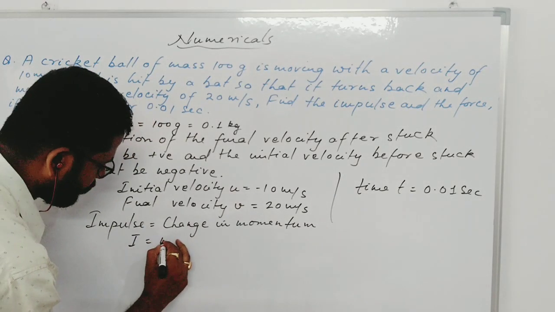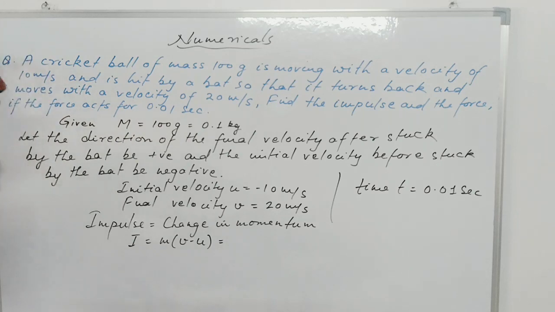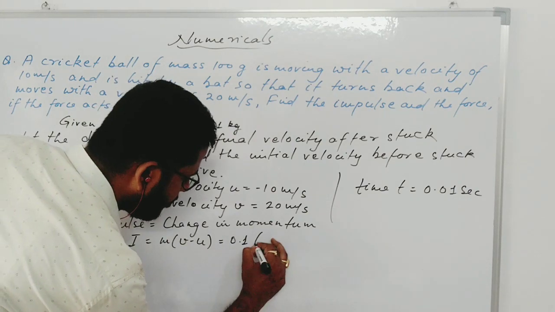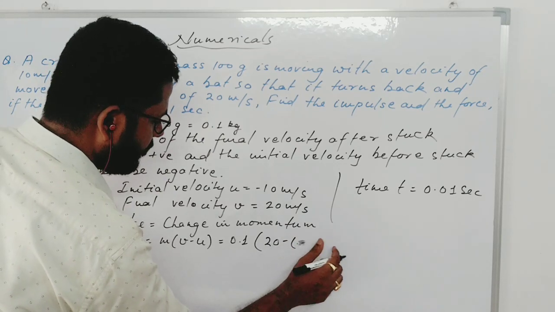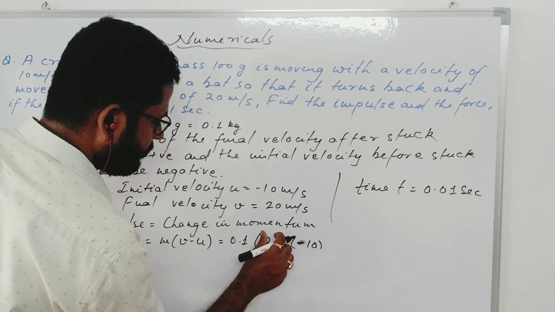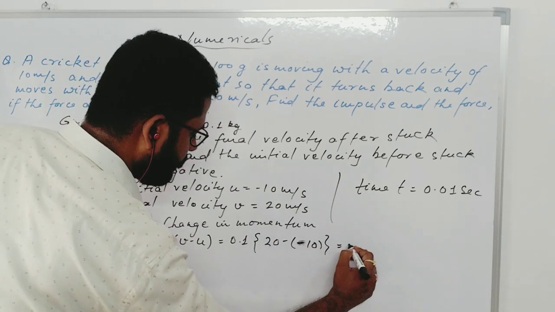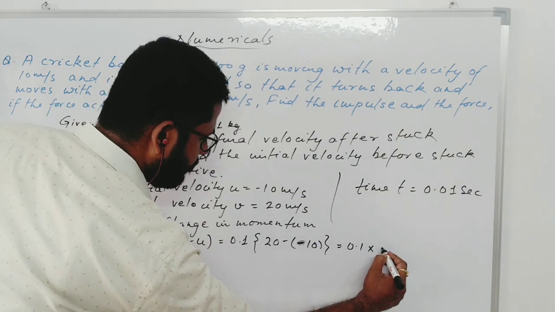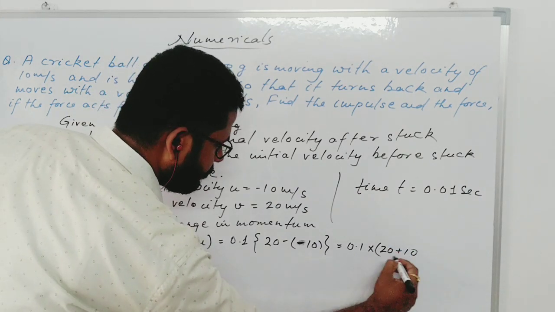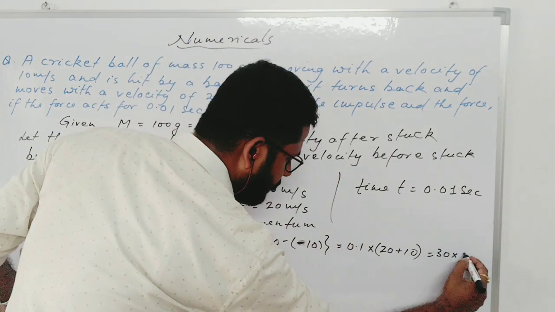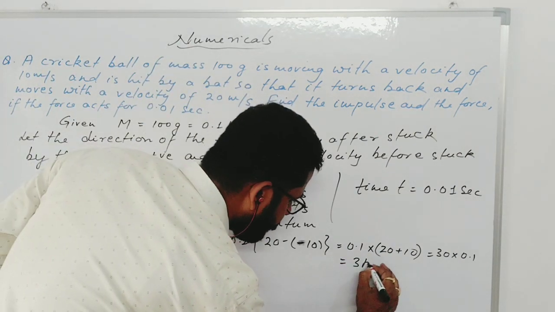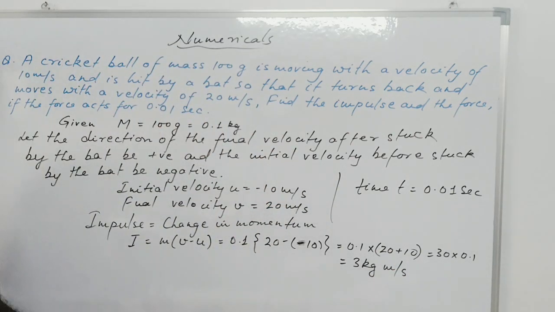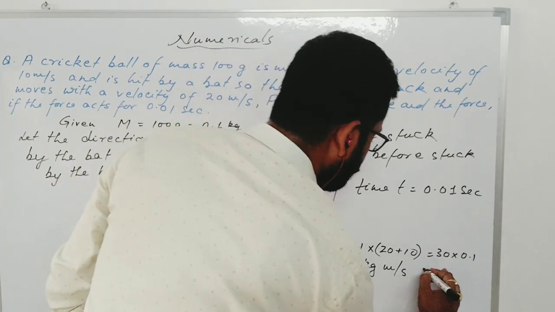Now I is equal to m(v minus u), and the mass of the ball is 0.1 kg, into v 20 minus minus 10, okay, and this is equal to 0.1 into 20 plus 10, that is 30 into 0.1, that is equal to 3 kg meter per second. Got it? So this is the first answer, impulse.